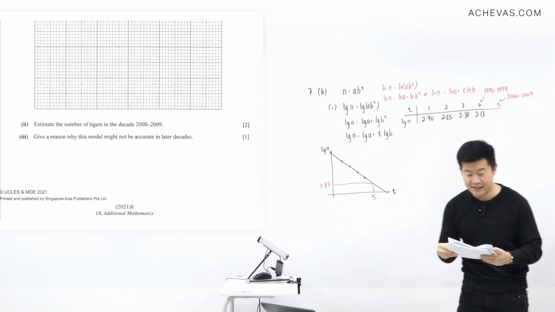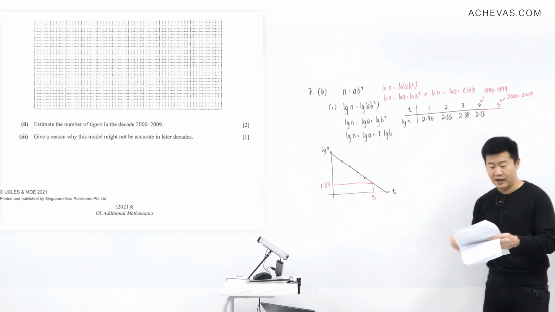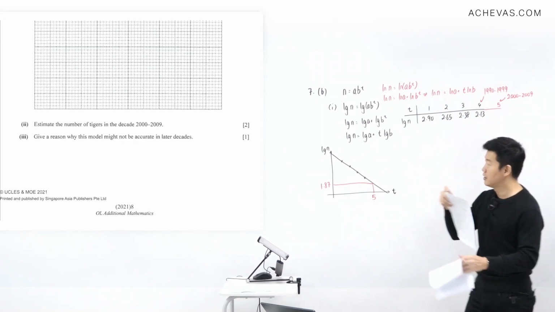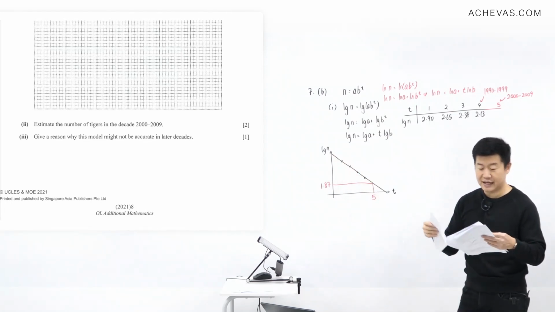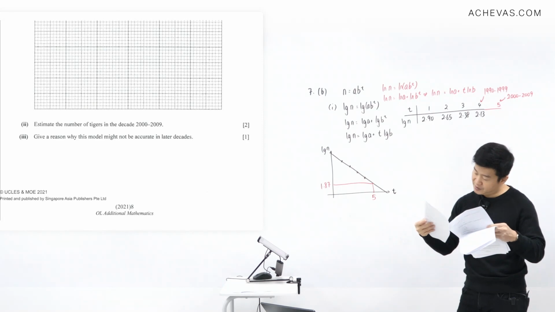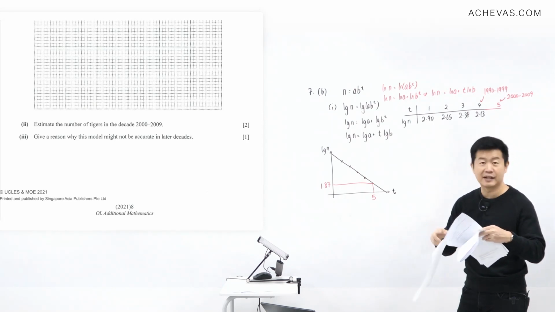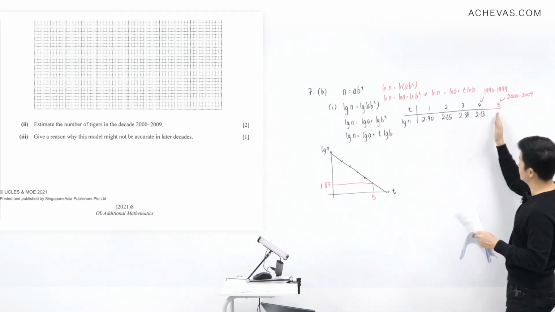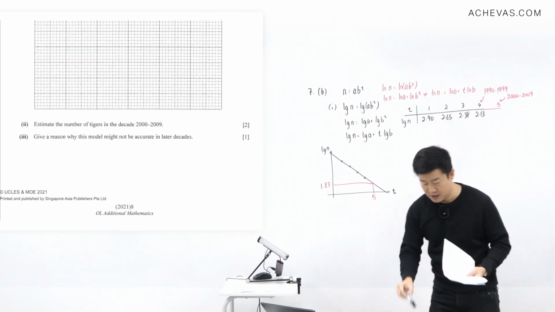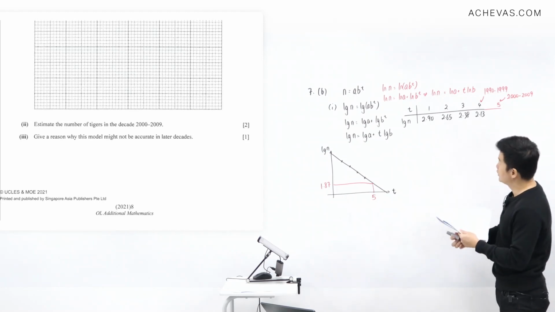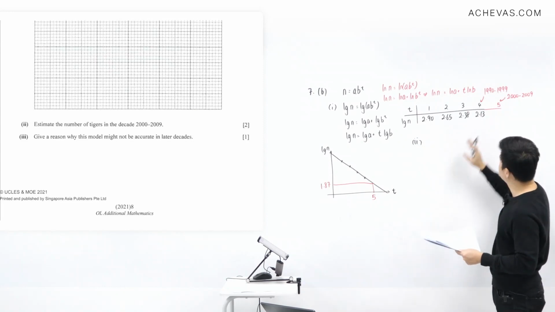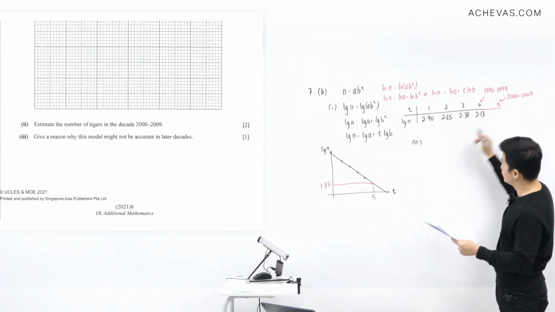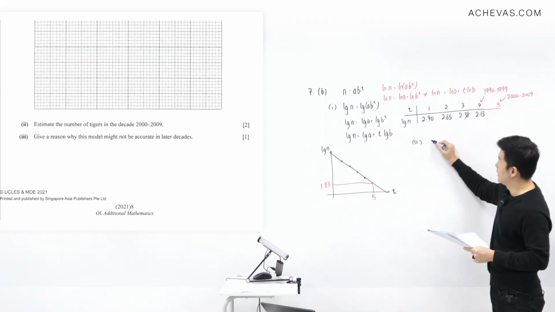So based on this that I have on my graph, I'm going to equate it to log n. This is going to help us find the population of the tiger in this particular decade. So let me go for it in part 2. Based on my graph for the year between 2000 to 2009, this is when t is equal to 5.